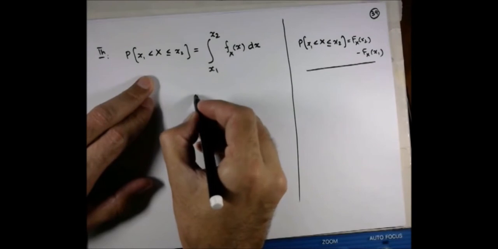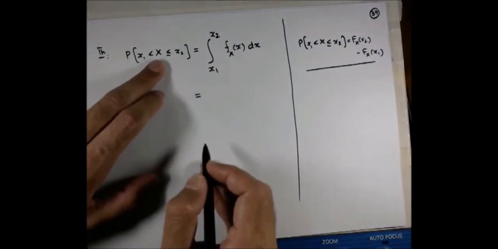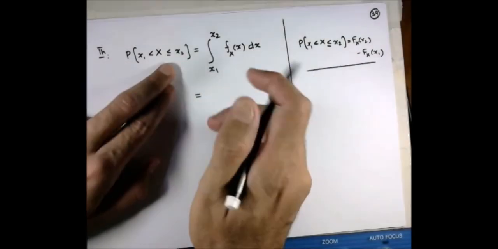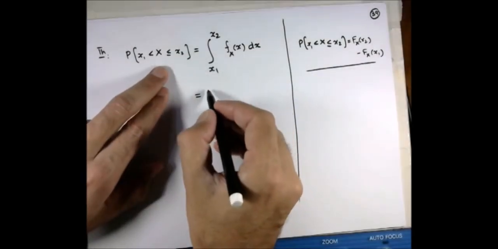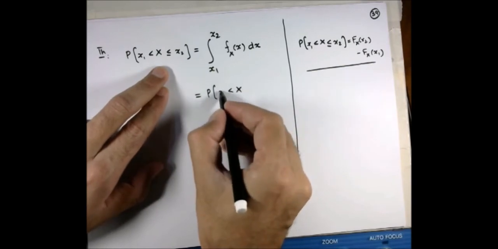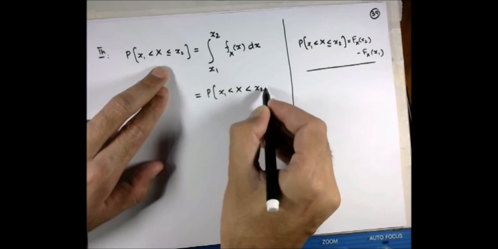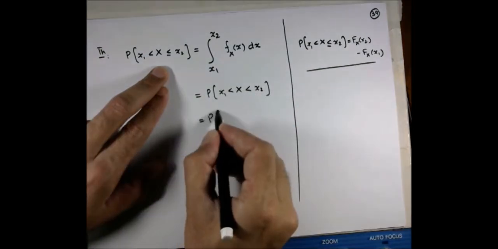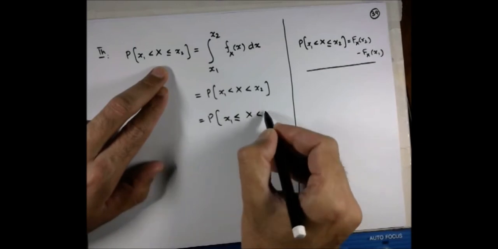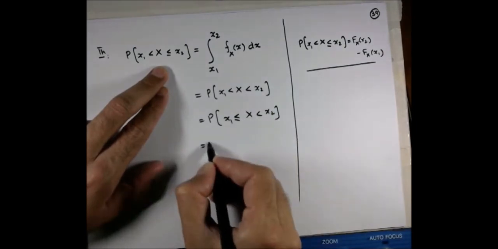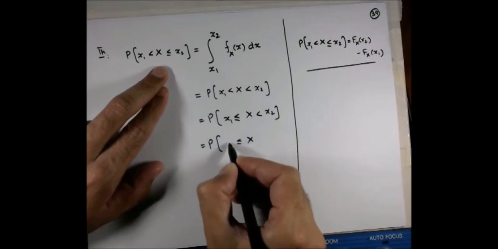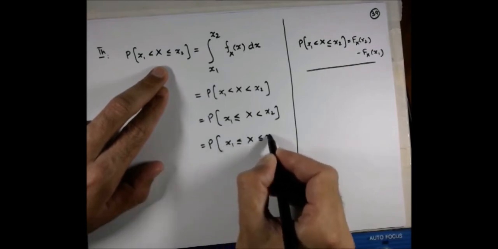And remember, since x is a continuous random variable, this probability is exactly equal to the probability that x is greater than x1 and less than x2, and that is equal to the probability that x is greater than or equal to x1 and less than x2, and that is perfectly equal to the probability that x is greater than or equal to x1 and less than or equal to x2.